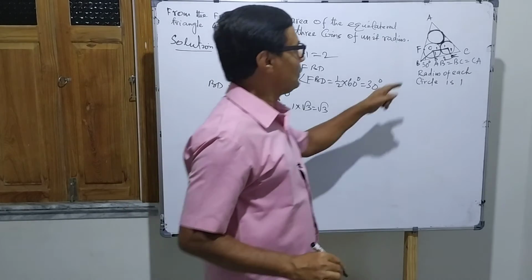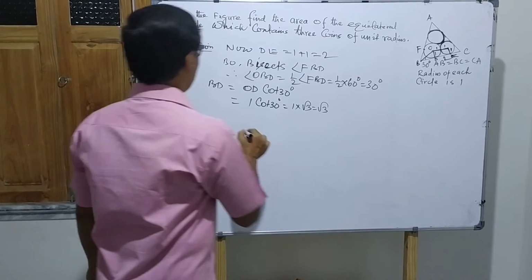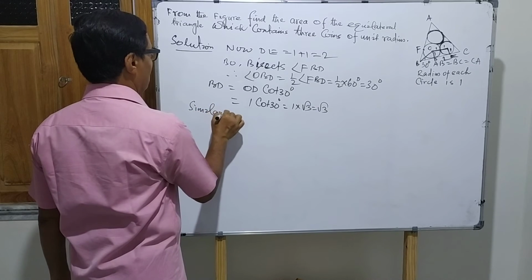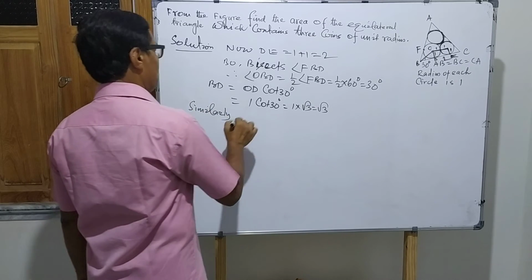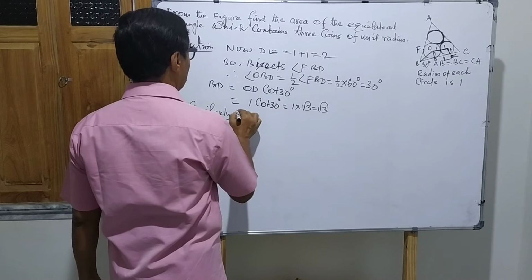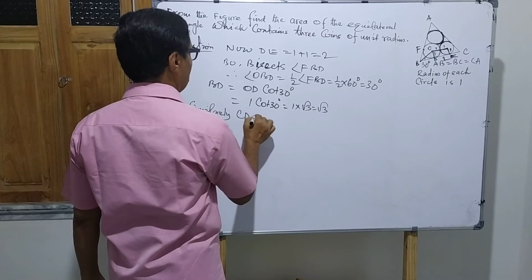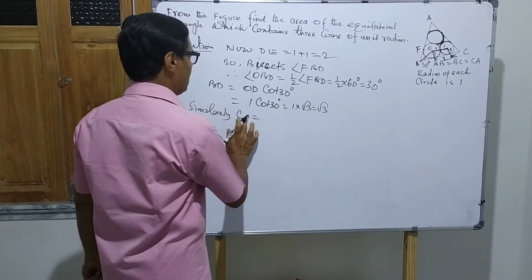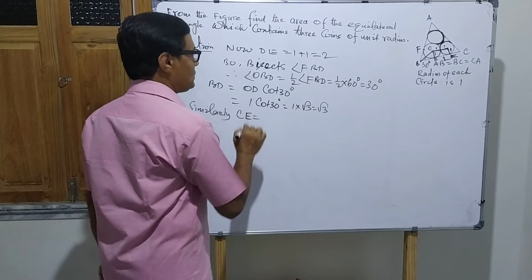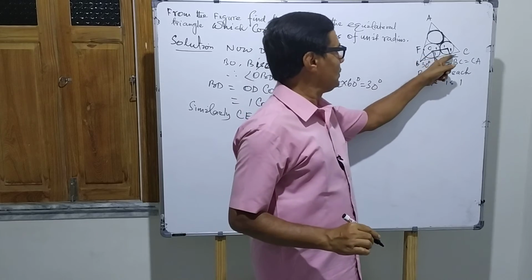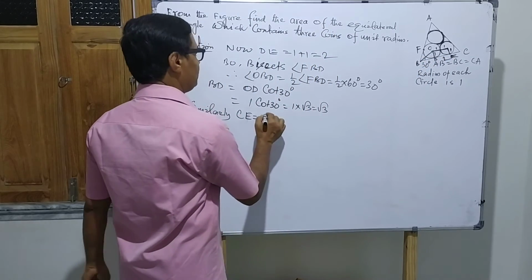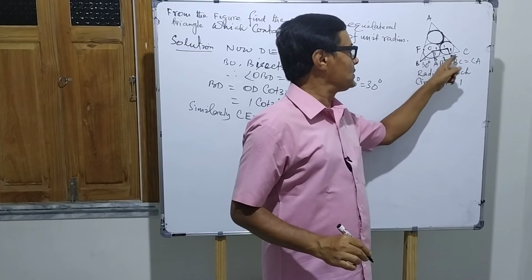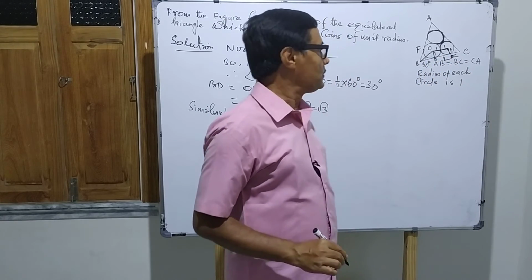So BD equals root 3, and similarly we can show that CE equals root 3. BD and CE are of the same length.